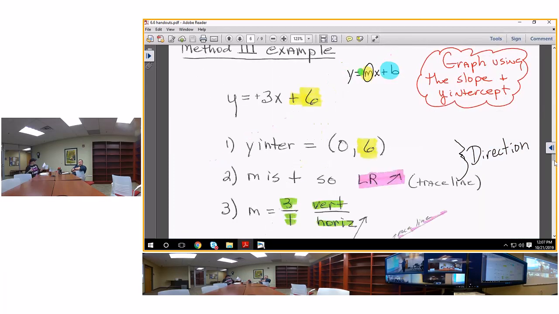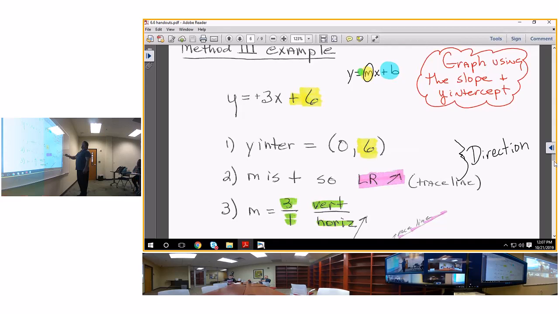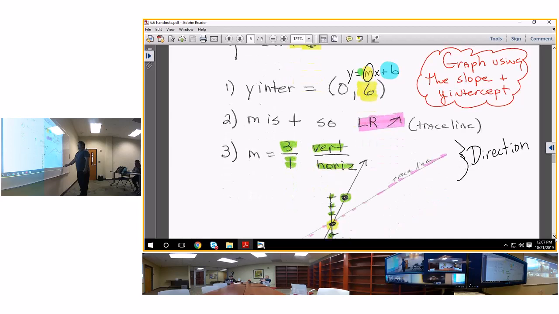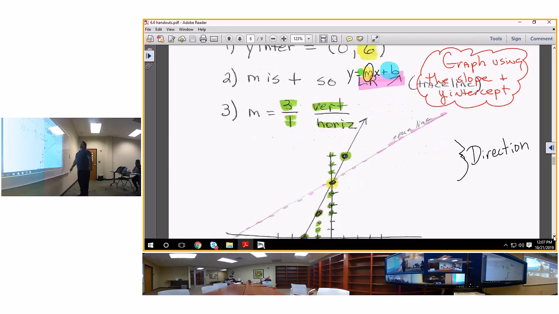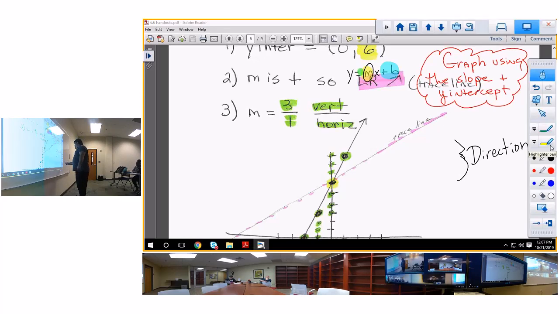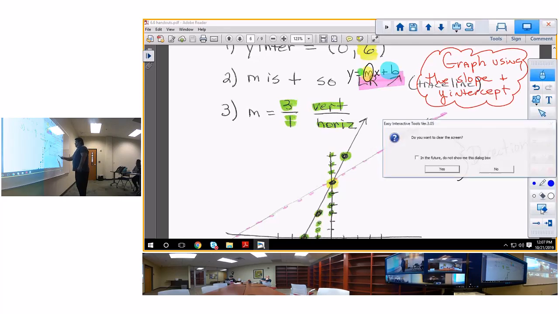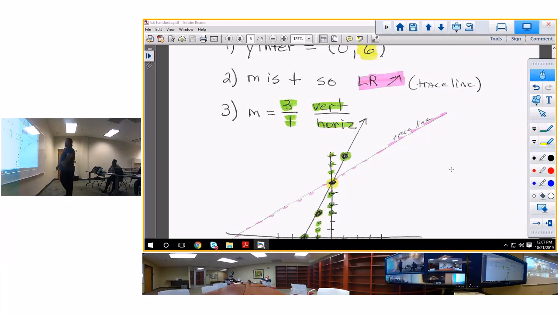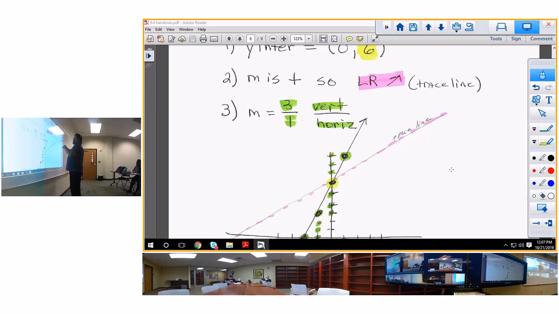Y is equal to 3x plus 6. And of course, in 3x plus 6, there is your y-intercept, 0, 6. What is the 3? It's positive, so that means that our direction is going to be left to right up.